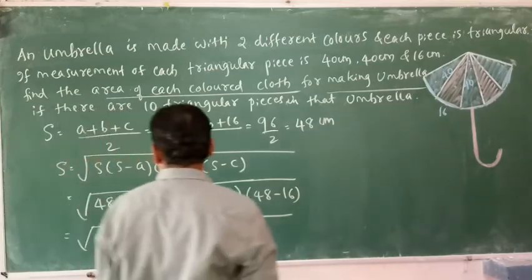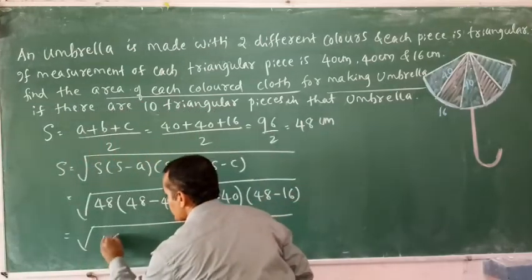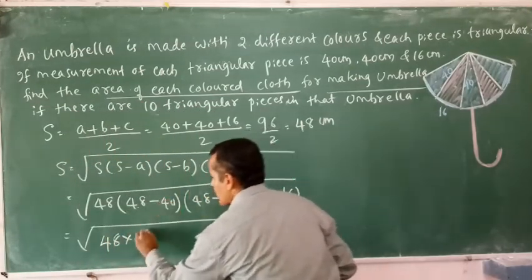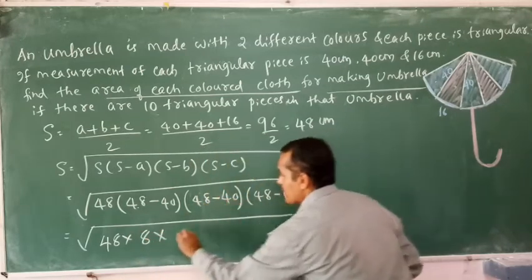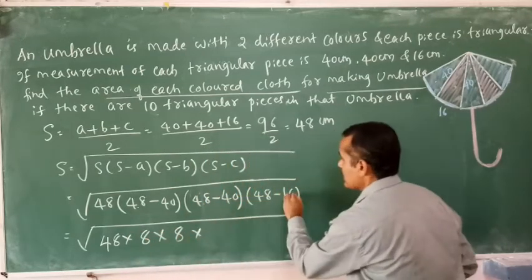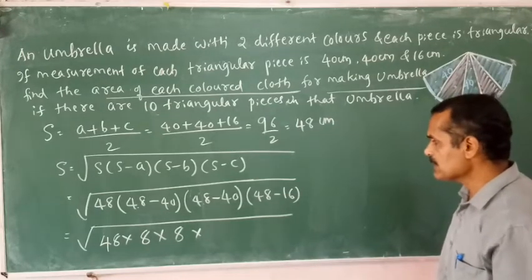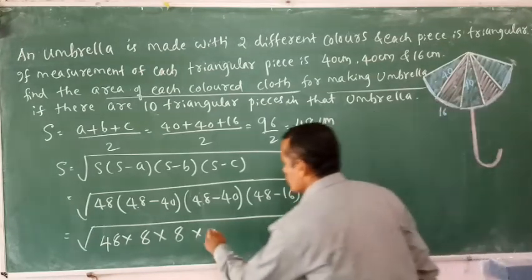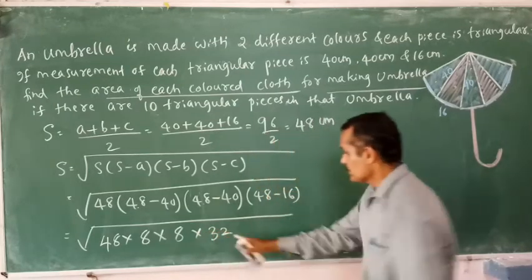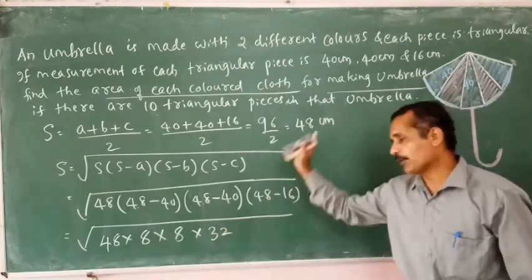Under root, it is 48 into 8, again 8, and 48 minus 16 is 32. Let me check: 32 plus 16 is equal to 48. Yes.